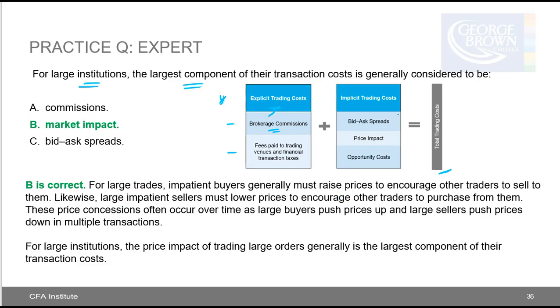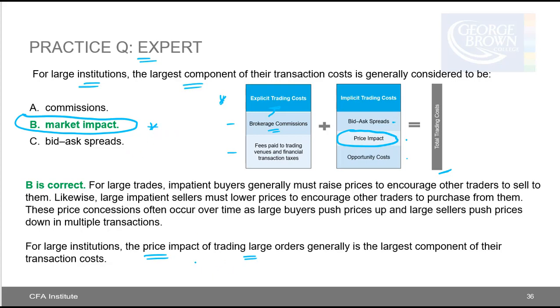it's just saying for large institutions, the largest component of the transaction costs is generally caused by the market impact. And I just want to make the point that market impact is also referring to the price impact, because it says here, for large institutions, the price impact of trading large orders. So they're also calling it the market impact, which again brings up a CFA Institute issue: you've got a graphic in the text, implicit trading costs, bid-ask spreads, price impact, opportunity costs, but here they're referring to it as market impact, okay?